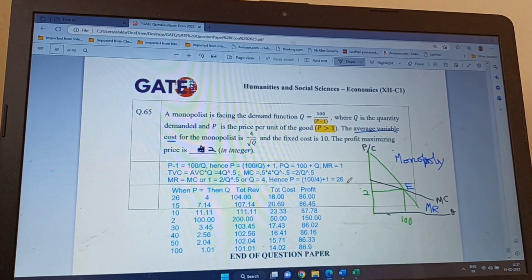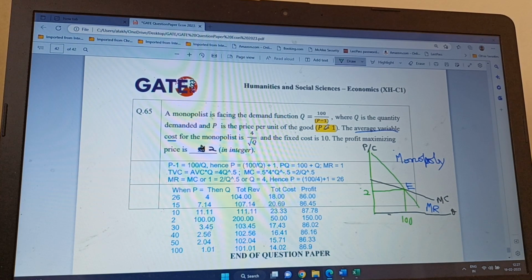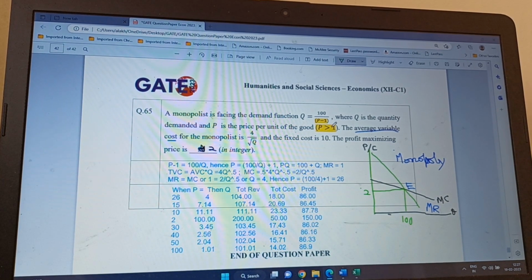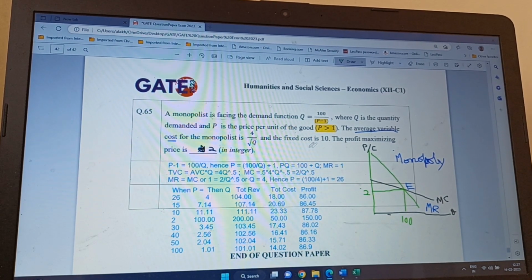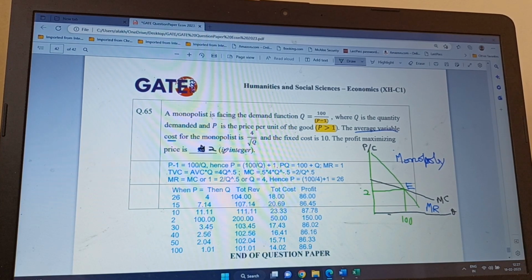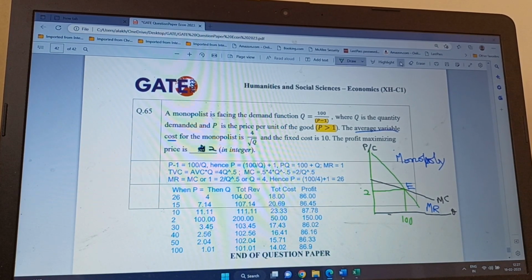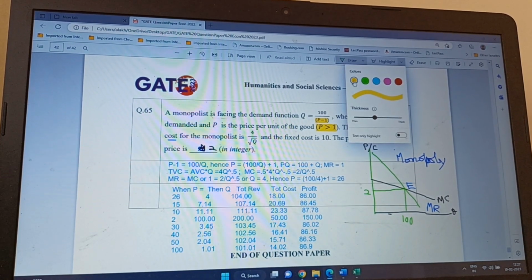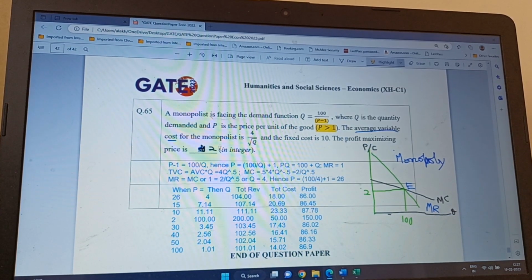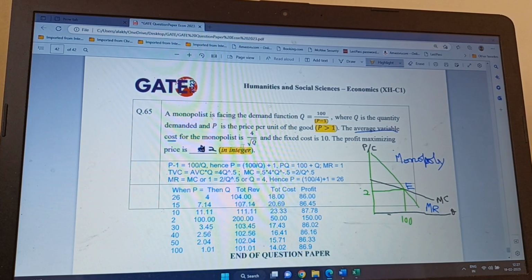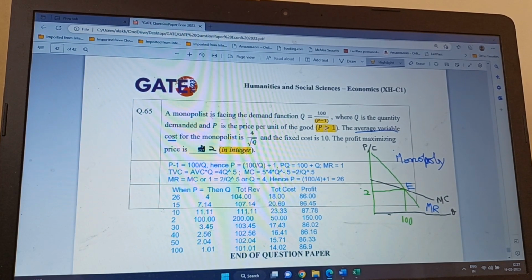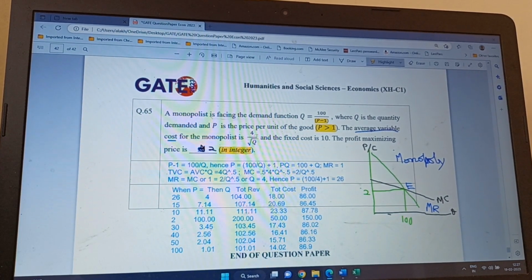So here the thing is that we have to see the hint that P is greater than 1. And then the second hint is that it has to be an integer. So since it was an integer, P has to be greater than 1 and it has to be an integer. So the smallest integer is 2.